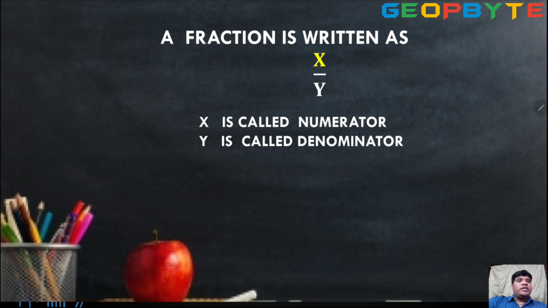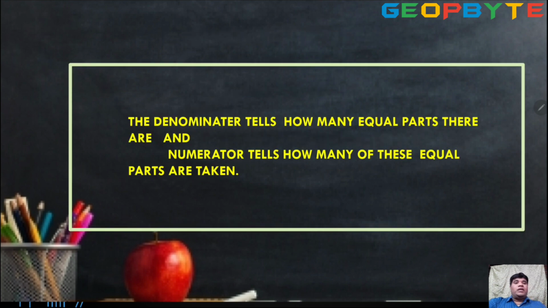A fraction written as x by y, just now we got a point. Here x is the upper number, so x is called numerator. y is the lower number, so y is called denominator. The denominator tells how many equal parts there are.